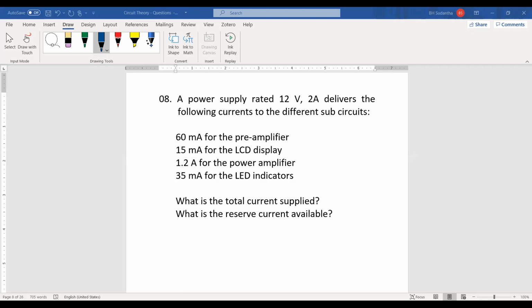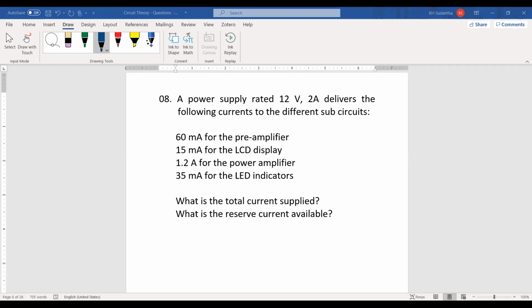These LEDs, I4, that is 35 milliamperes. The total current is I equals I1 plus I2 plus I3 and I4.